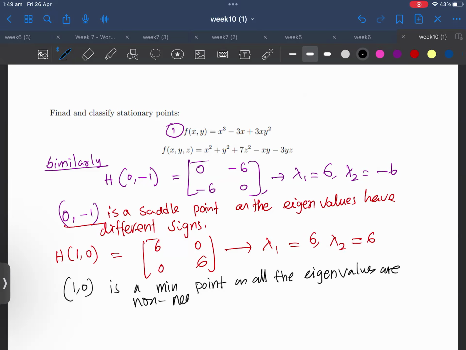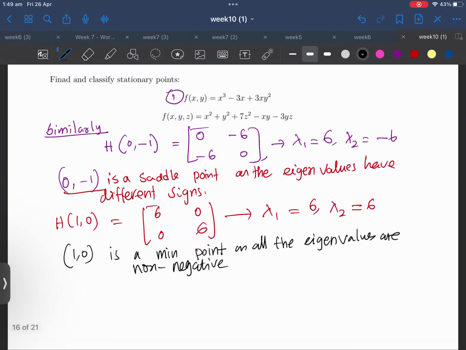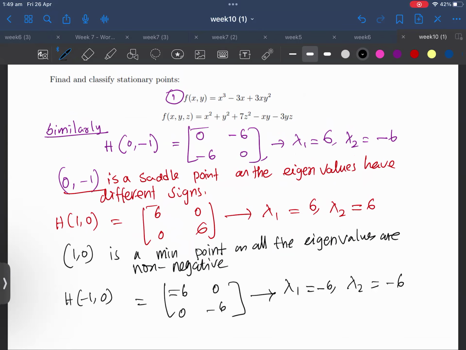non-negative. Similarly, you can say H(-1,0) equal to [[-6,0],[0,-6]]. So here lambda 1 equal to -6 and lambda 2 equal to -6. So if they are positive, it is a minimum. Remember that.